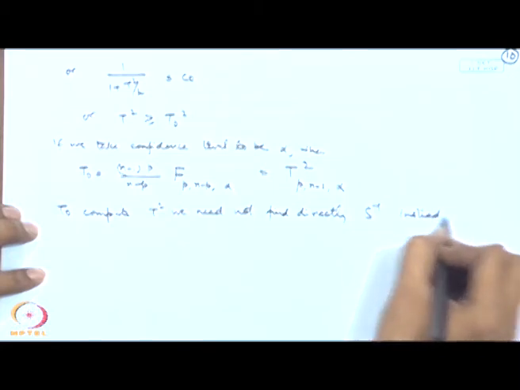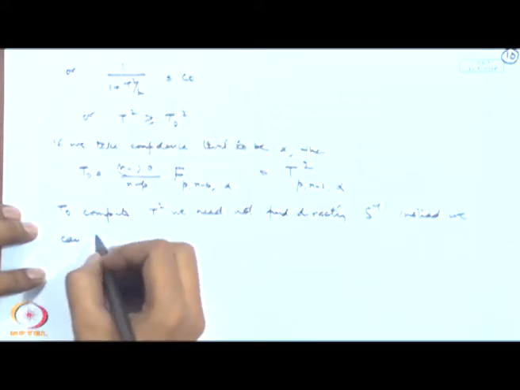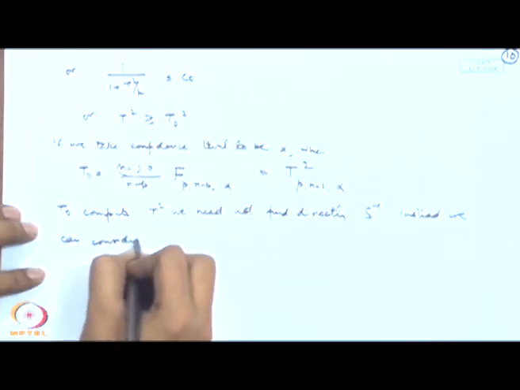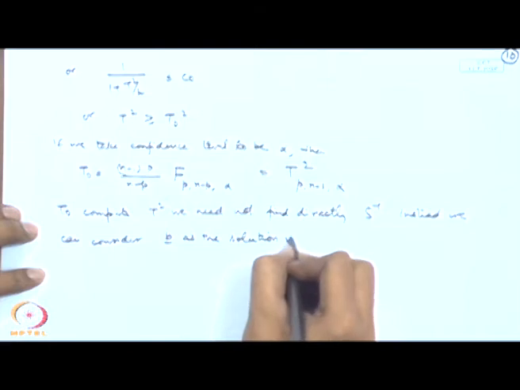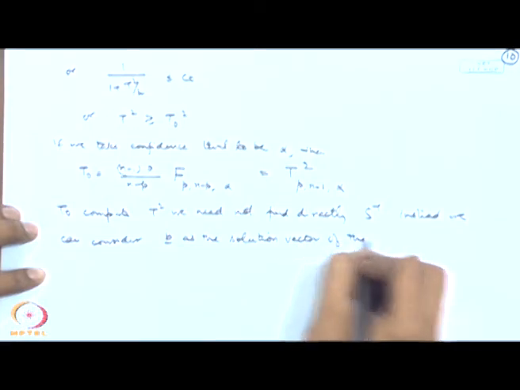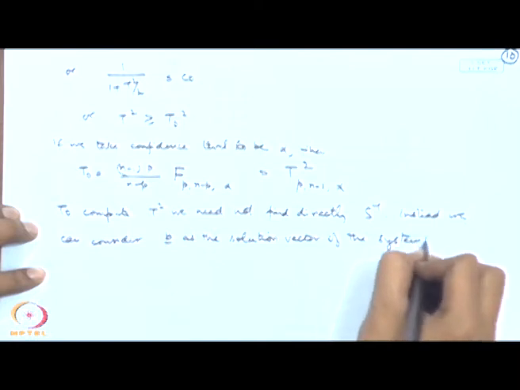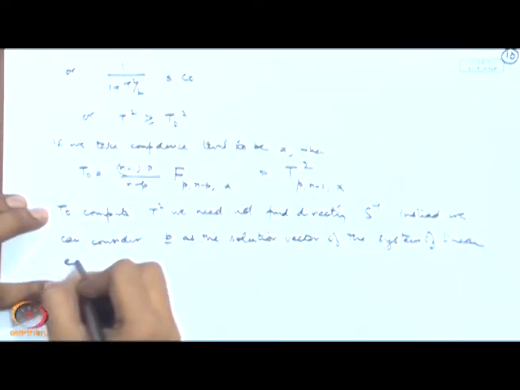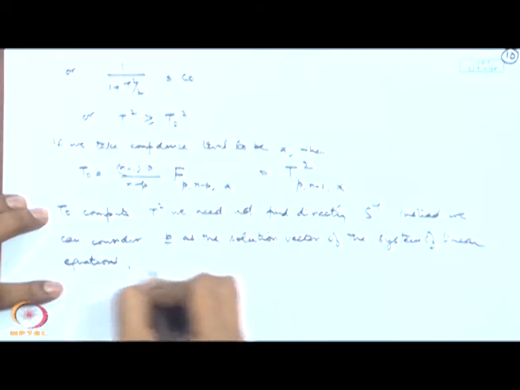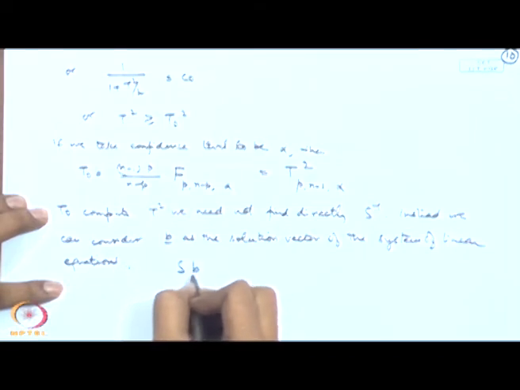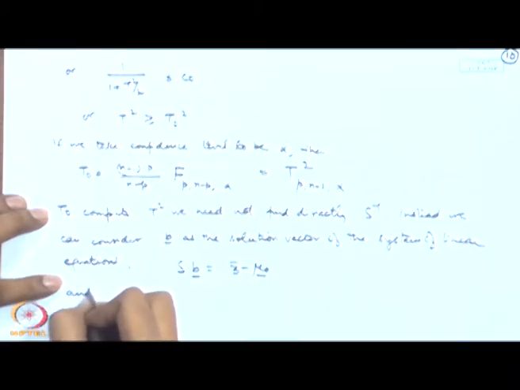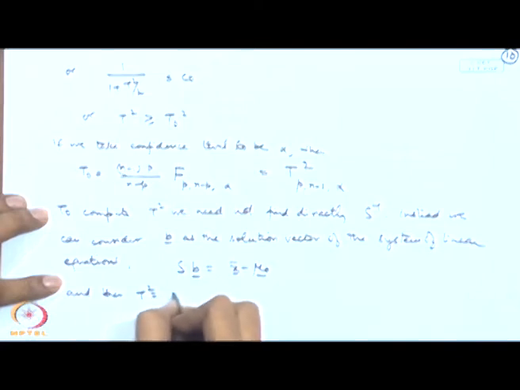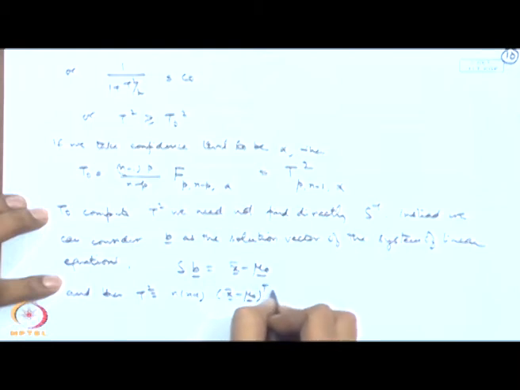Instead, we can consider b as the solution vector of the system of linear equations, that is S b is equal to x bar minus mu naught, and then T square is nothing but n into (n minus 1) (x bar minus mu naught) transpose b.